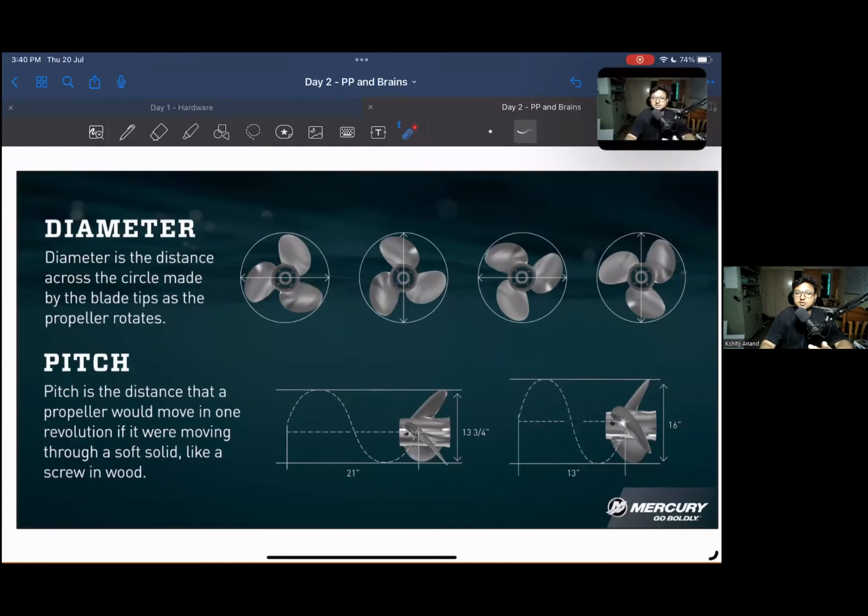That distance is called pitch. It's like if you turn a screw once, the screw is going to move inside the wall or the wood. One revolution, how much length it goes inside, is called the pitch.